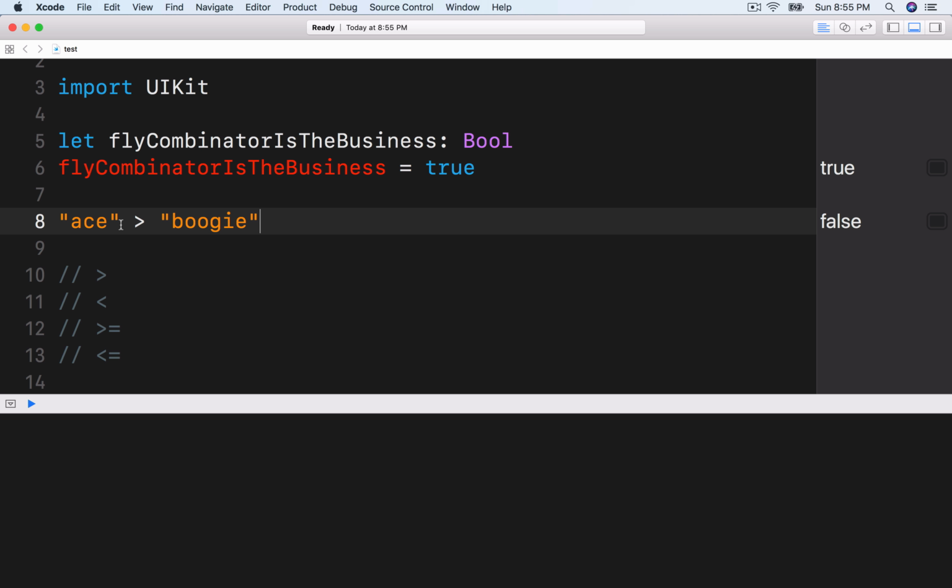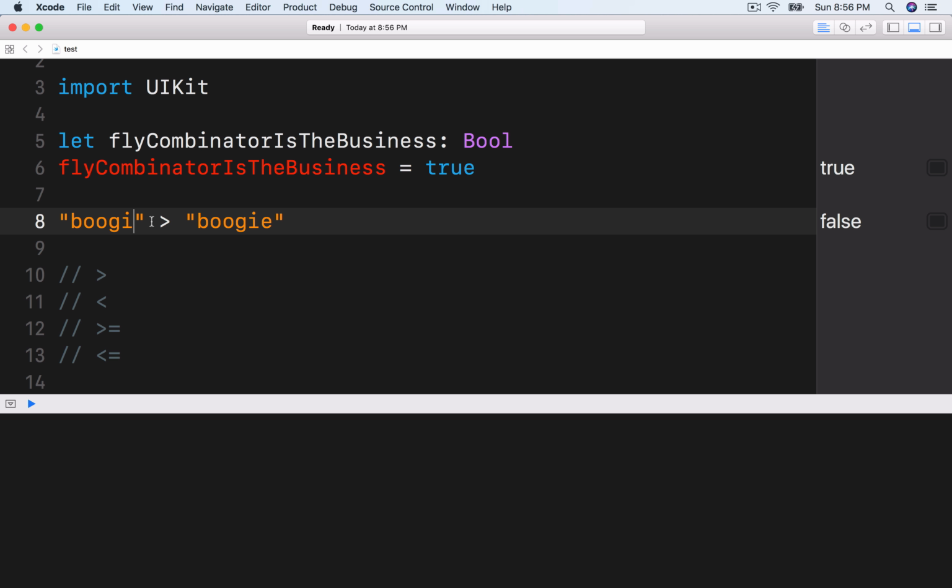It's not saying that this is larger than this. It's saying that this is before, because it doesn't matter about the number of characters in there. Let's do boogie. That's not the comparing that Swift is doing.